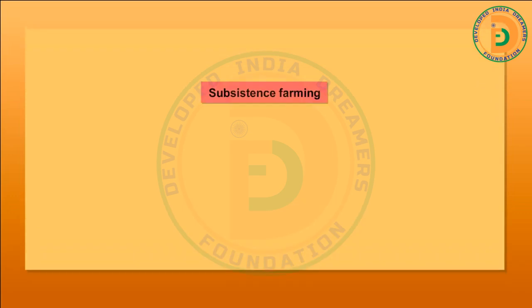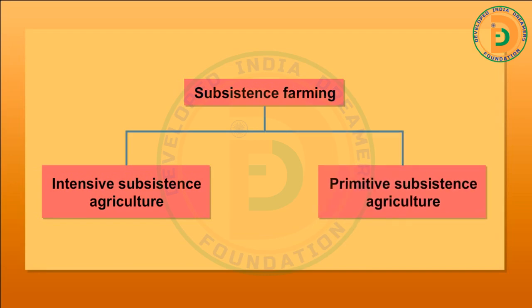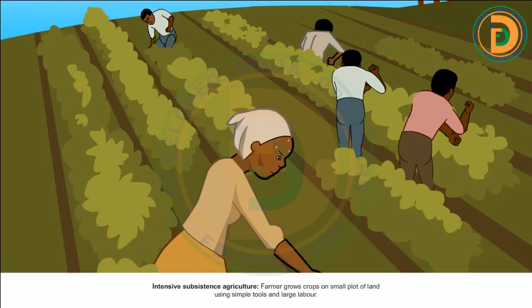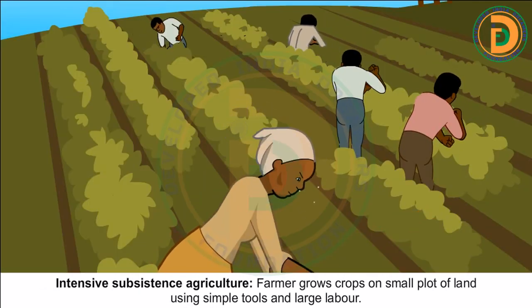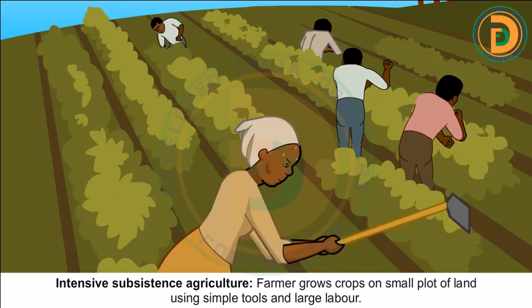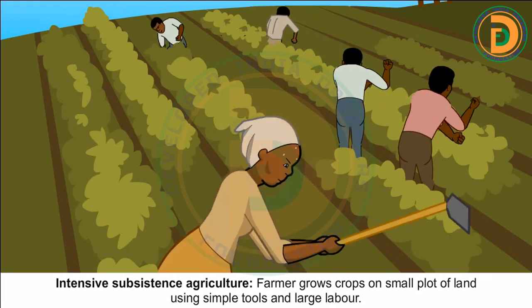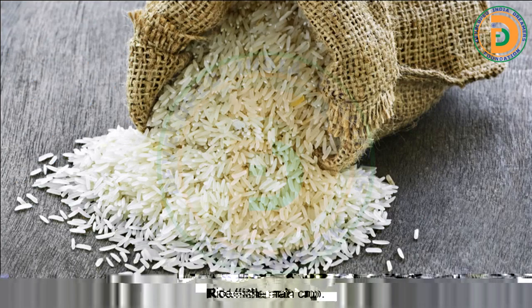It can be further classified as intensive subsistence agriculture and primitive subsistence agriculture. Intensive subsistence agriculture: the farmer grows crops on a small plot of land using simple tools and large labor. Rice is the main crop.